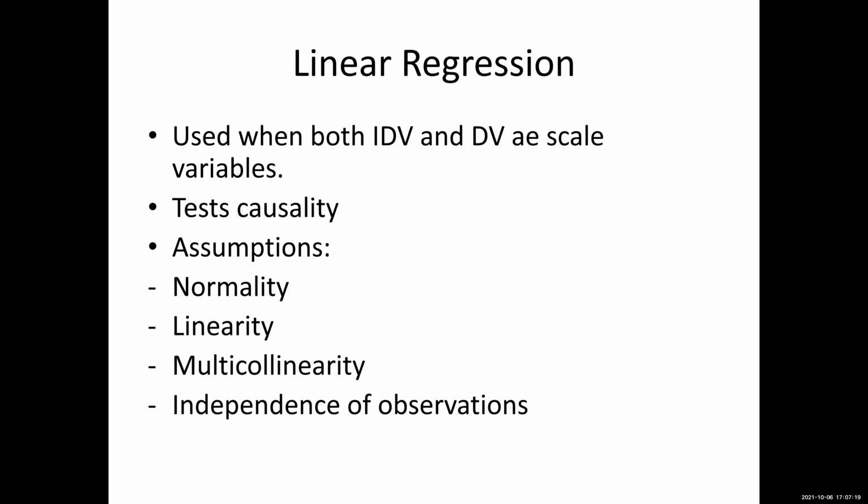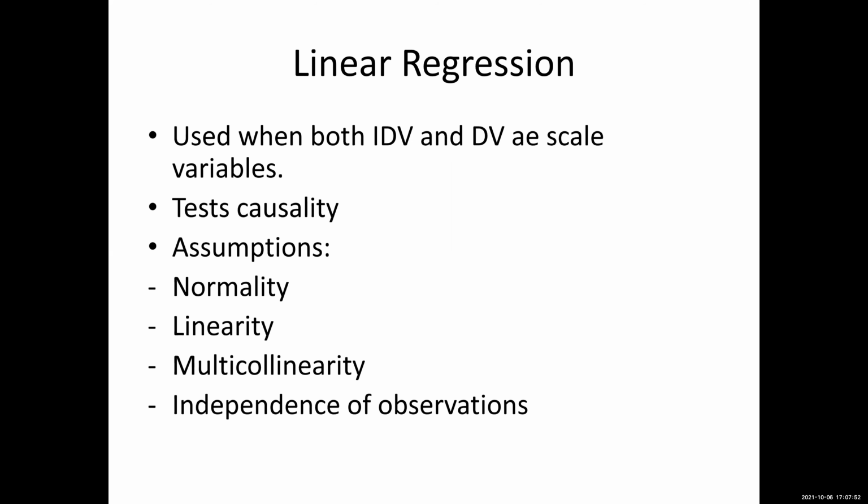Now, what is multicollinearity? Multicollinearity is a high correlation among your independent variables. For example, in regression, you have one dependent variable and you can have more than one independent variable. But if those independent variables are highly correlated, then it's not good, which means you have to drop one of them, so that you don't end up having multicollinearity in your data.